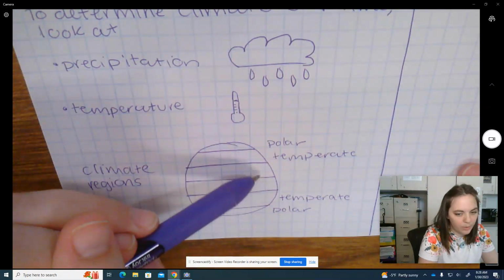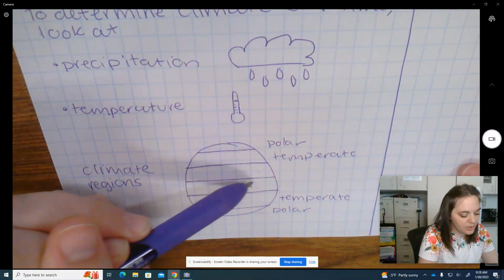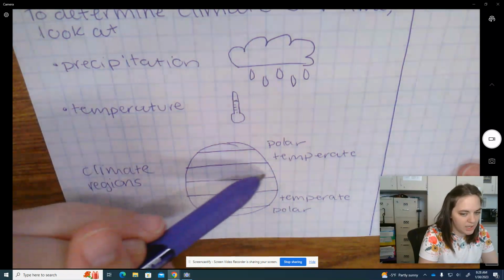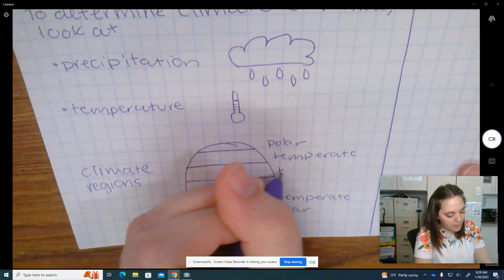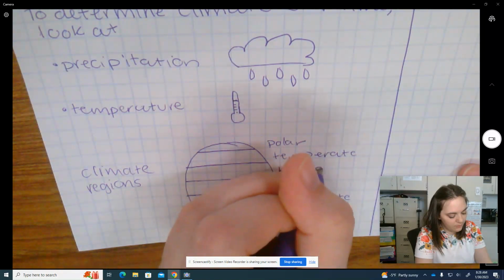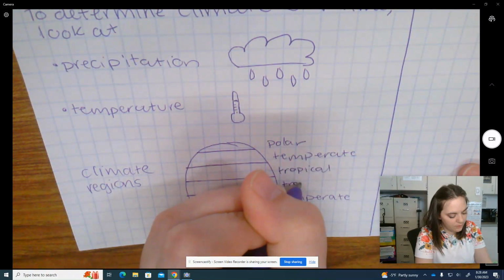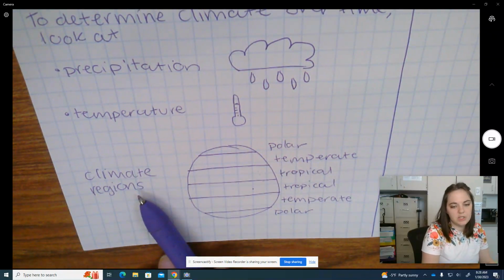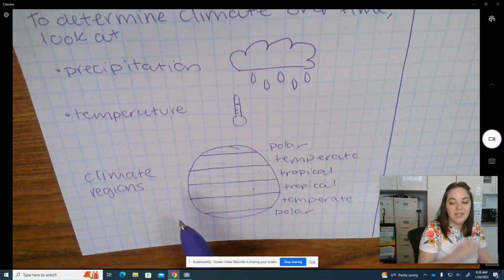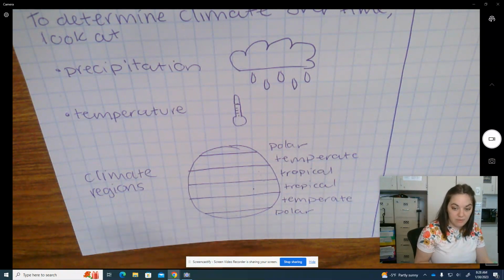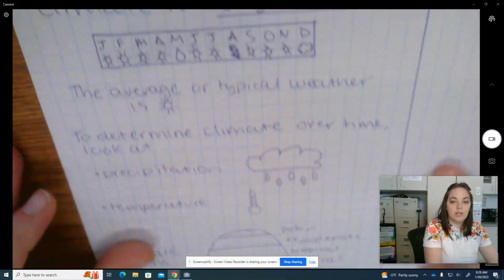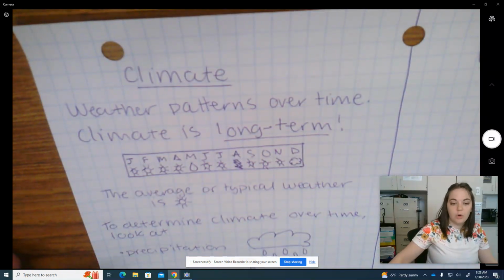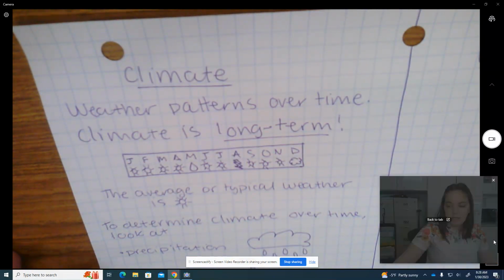And then we have these two middle ones. These two middle ones, closest to the equator, which is right here, are called tropical. So these are the climate regions. Depending on where you are on the Earth, you can expect a specific type of climate when you go there. So once you're done with this side, you are going to go to the next video.